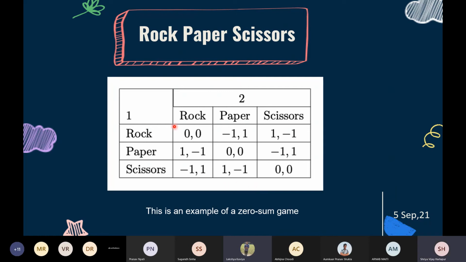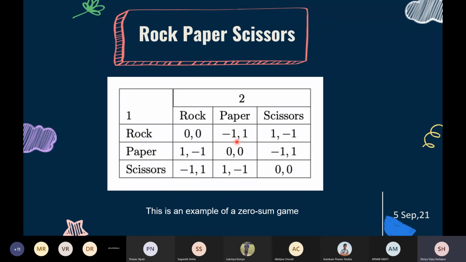Right. So if both the players play the same thing, so if I play rock and you also play rock, then no one wins, no one loses, right? We played the same thing. It's a draw. So for both of us, there's zero utility. Neither of us gains anything or loses anything. But suppose you play paper and I play rock, right? So paper defeats rock, which means that I lose that round.